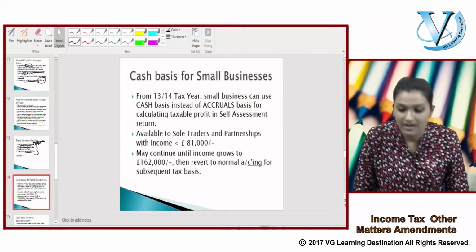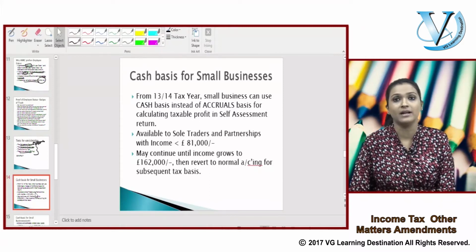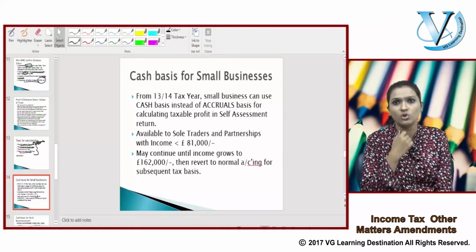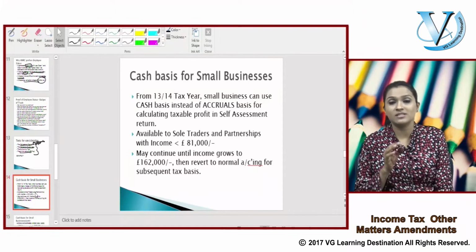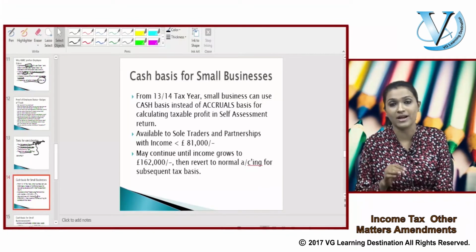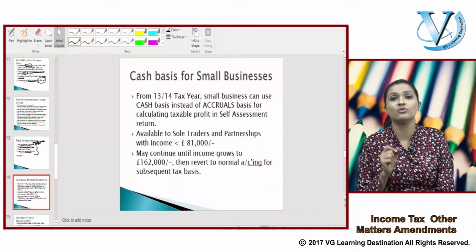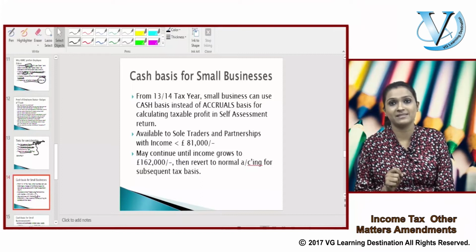However, consider if you're just a small business, you've literally just started to trade, you've not got too complicated a business, so the HMRC allows you to prepare your accounts on a cash basis instead of following the normal accruals basis of accounts.